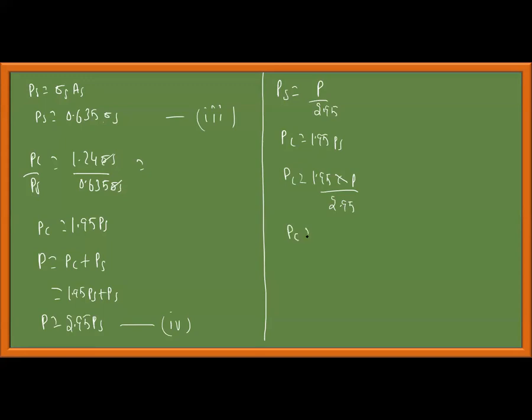What is the value of PC? Shall I write 0.661? PC is 0.661 P.